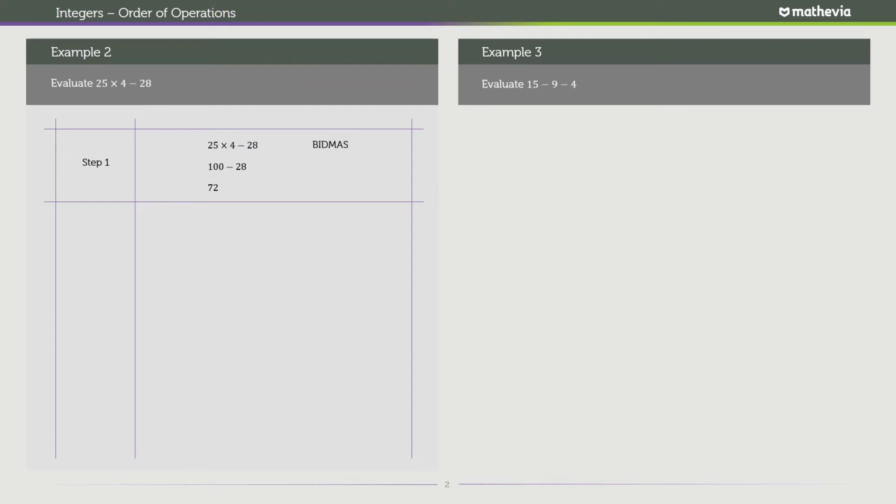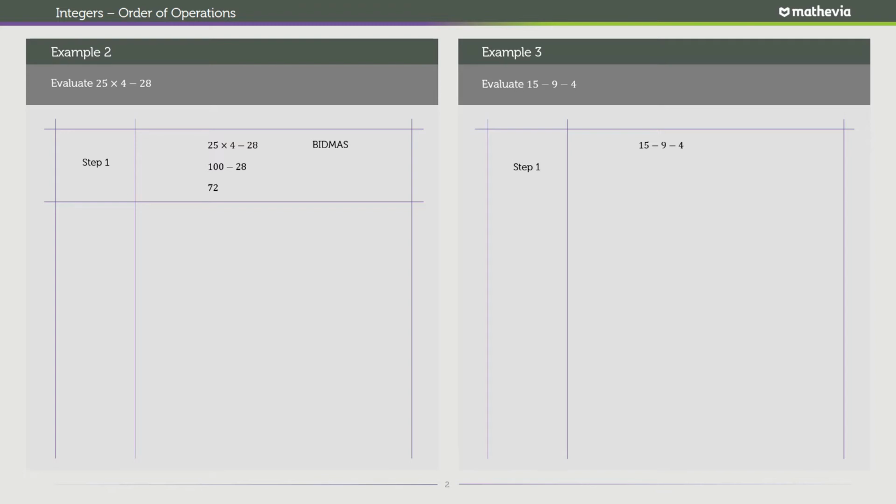Example 3 says evaluate 15 minus 9 minus 4. Now, this is a very interesting question, reason being, we have just one operation here, just subtraction. That's all we're doing here. What I tell you, very important, is BODMAS only applies when you're solving questions involving different operations.